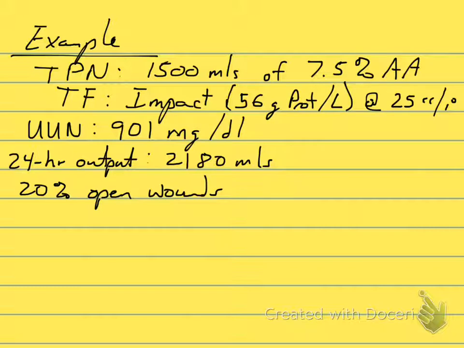And we did a 24-hour output, and the output of urine that this resident has is 2,180 mils total output. And again, assume this person had a burn and they've got 20% open wounds. One other thing I didn't have on here that I do need to add, let's assume that this patient weighs 68 kilograms.